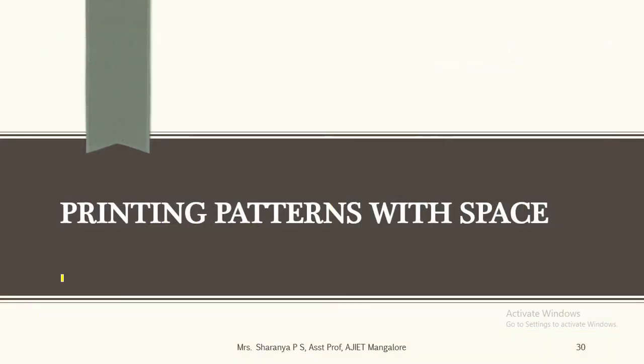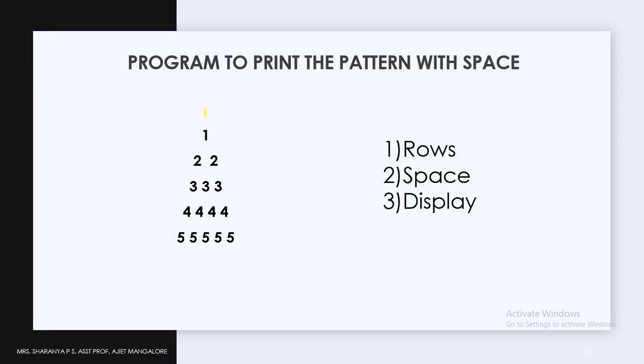These are simple examples of printing patterns that I have discussed. The same concept can be applied to print complex patterns as well. How can we print patterns with spaces? Now we'll look into some patterns which look like a pyramid, which we have already discussed with printing the star as a pyramid symbol.